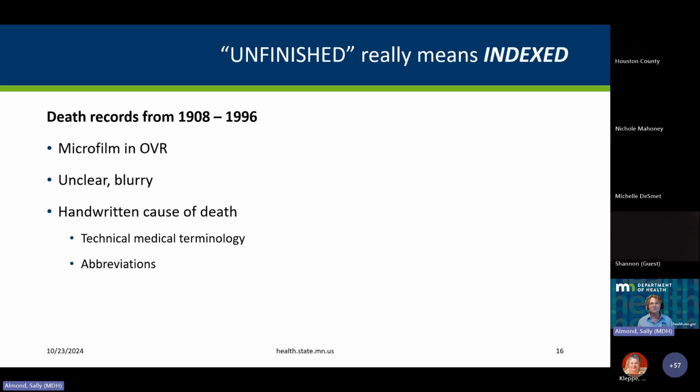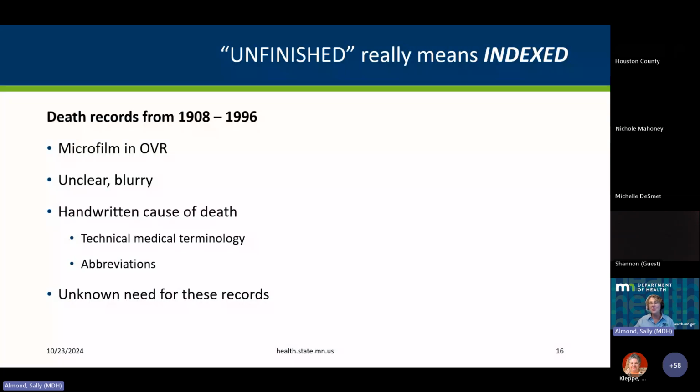Here's the deal. Years ago, OVR had to make a decision about maintaining and issuing these historical records. If you've been doing this for a while, you know that many of the old paper records are less than clear. And we really had no idea how often or if people would be requesting these old records.